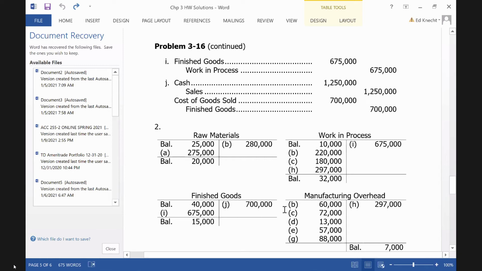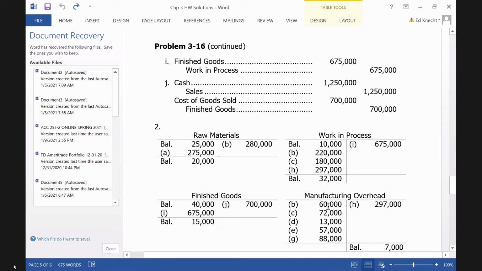Very good. Here's the amount we applied to the manufacturing overhead account. Remember, we debit work in process. We credit manufacturing overhead. Here's our actual manufacturing cost. Look, what we applied was $7,000 greater than the actual.